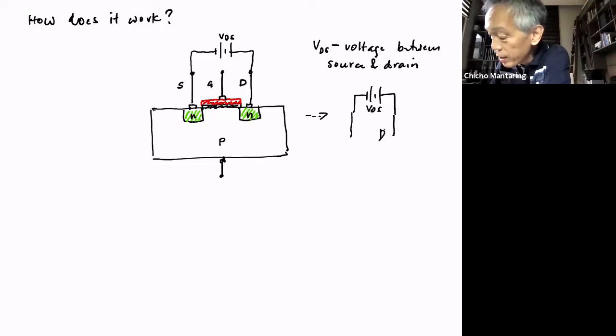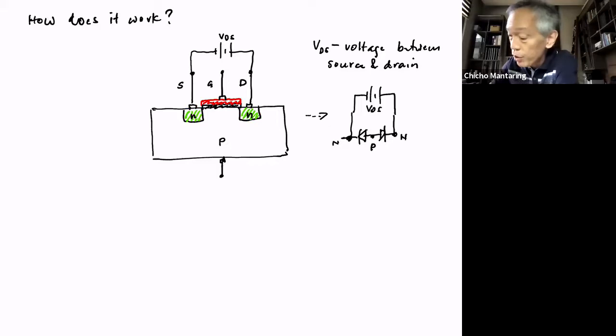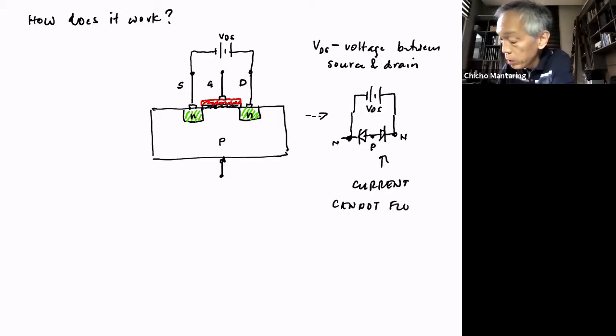One diode is this way, and the other diode is this way, because this is N, and this is N, and then this is P. So expect that current cannot flow, because you have two back-to-back diodes.